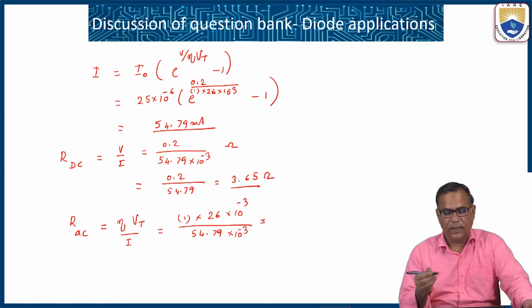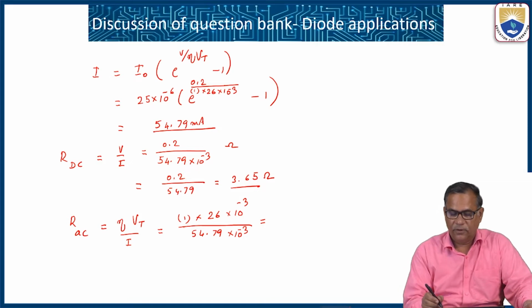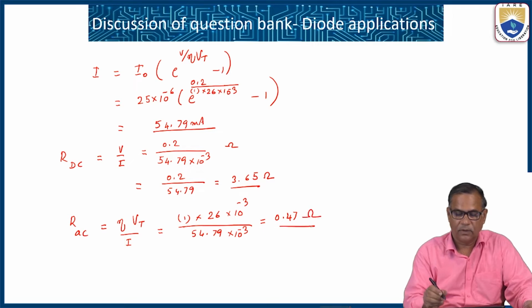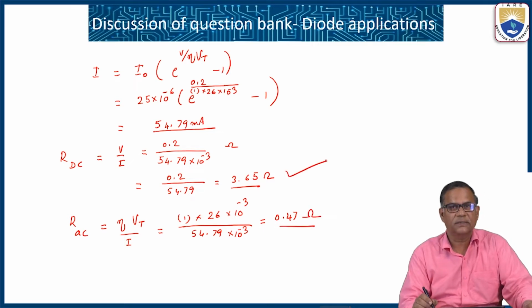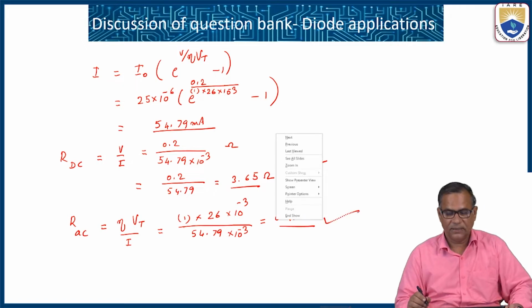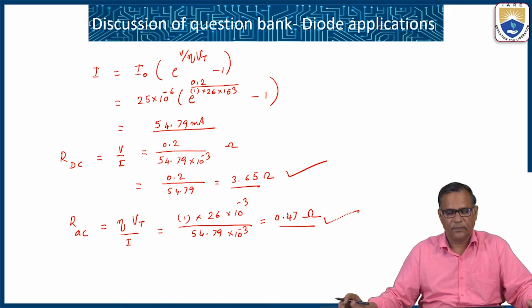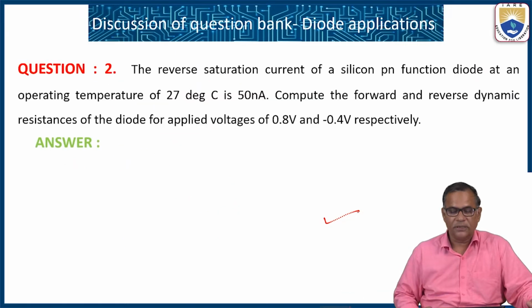So if you calculate this, you will get 0.47 ohms. So this is the DC resistance and this is the AC resistance. AC resistance is also called the dynamic resistance. Now let us move on to the second problem.